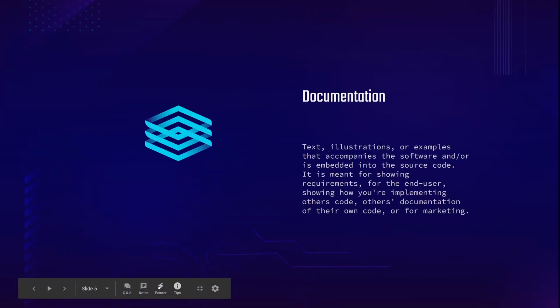We'll go into commenting in a few minutes, but it's meant for showing the requirements for the end user, or showing how you're implementing, or just little comments, documentation of other people's code, or for marketing, which is probably what you'll see more in the illustrations. But in an intro class, we're only going to go over just writing it into the code itself.